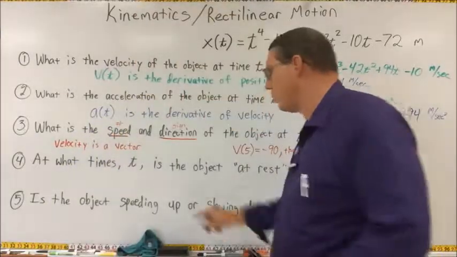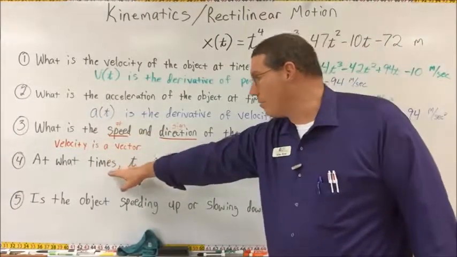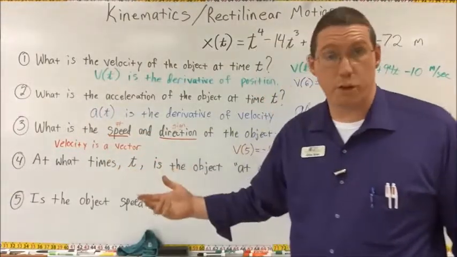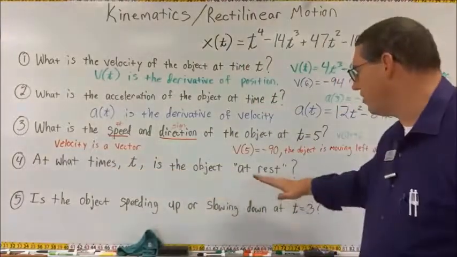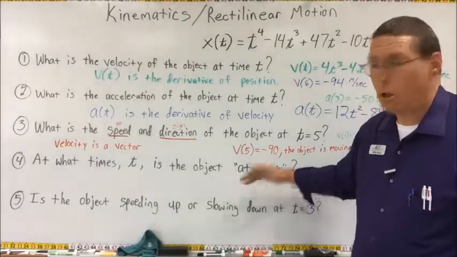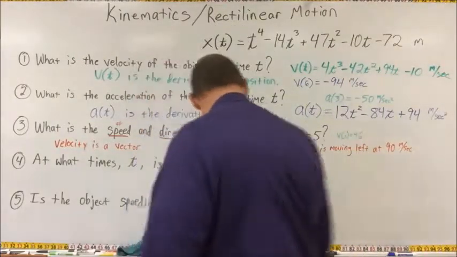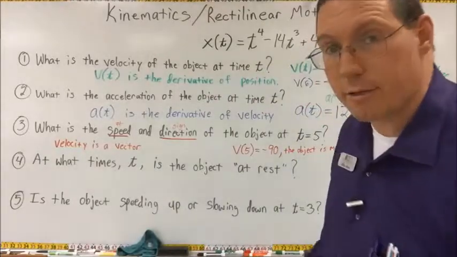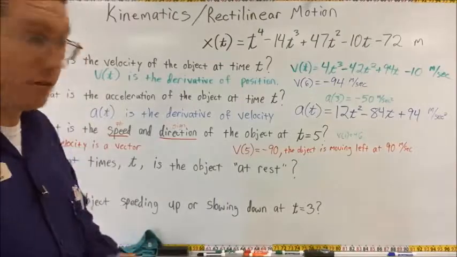All right, let's move on to question number 4 here now. It says, at what times t, that means there could be more than one, at what times t is the object at rest? Well, what does at rest mean? At rest means something very specific in calculus, and not just calculus, but also in physics in general.